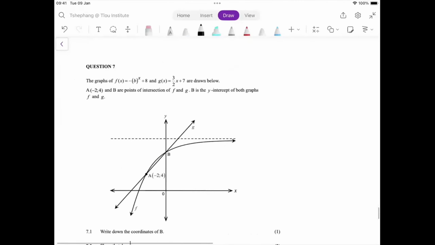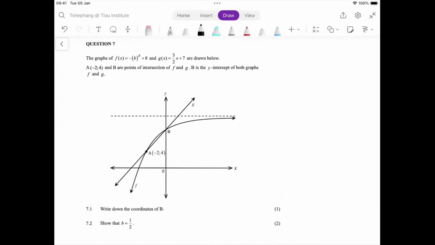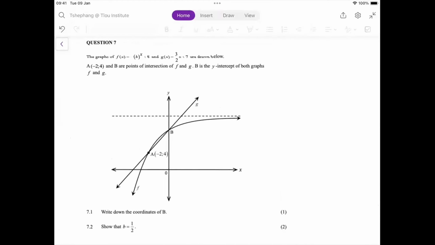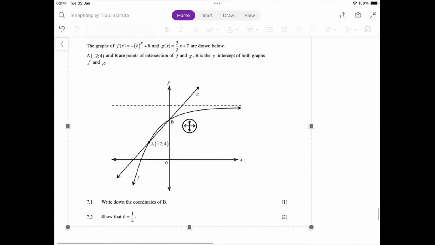Okay, let's quickly look at this one here. Let me try to enlarge it. Okay, it gets a little bit better. So here they're saying the graphs of f of x is equal to negative b to the x plus 8, and g of x is equal to 3 over 2 x plus 7 are drawn below.